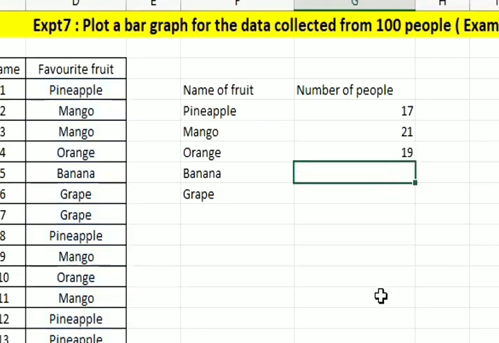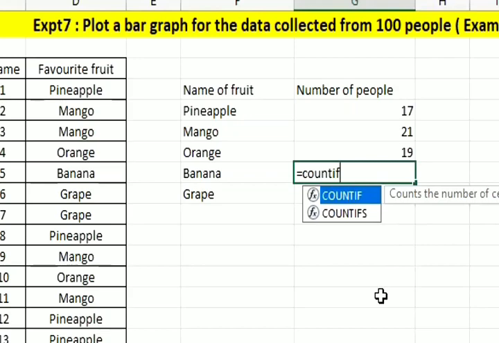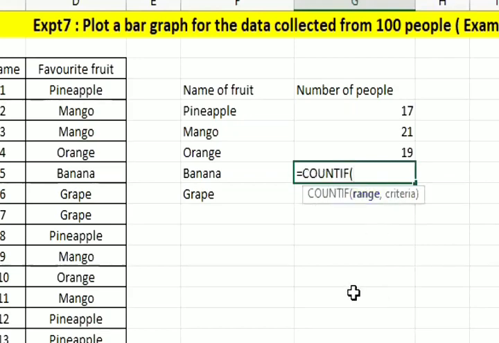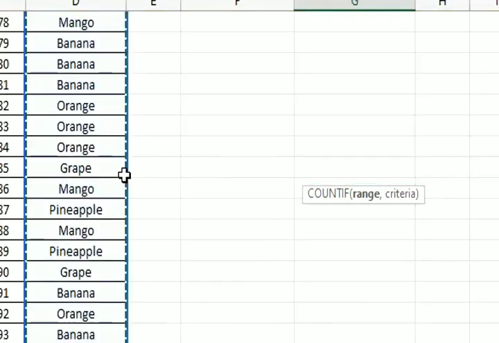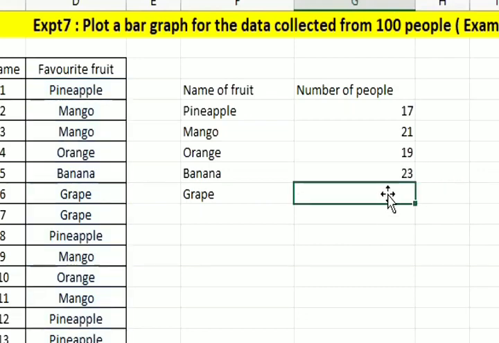So similarly banana equals to COUNTIF, double click, then select the range, then comma, next double inverted comma, next one is banana. So next complete the bracket, click enter.